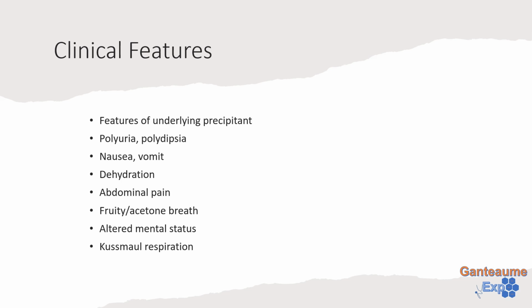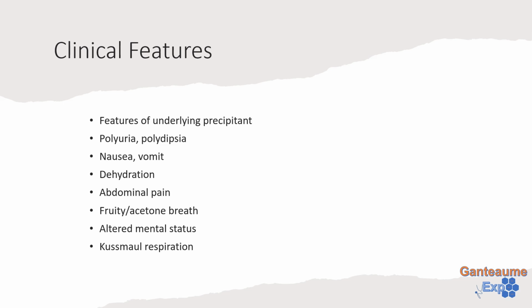Things like altered mental status can be due to the effect and severity of the acidosis present, and altered mental status could also be a sign of cerebral edema, which is a complication of DKA.